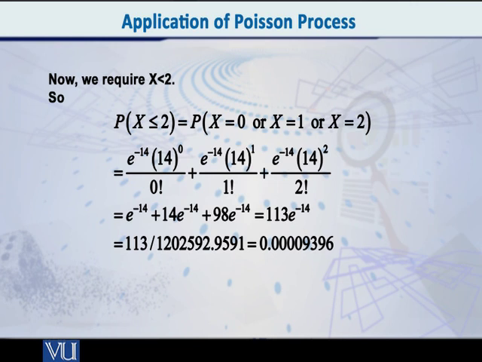So 113 divided by this number is equal to 0.000094. So it's very, very, very close to 0.